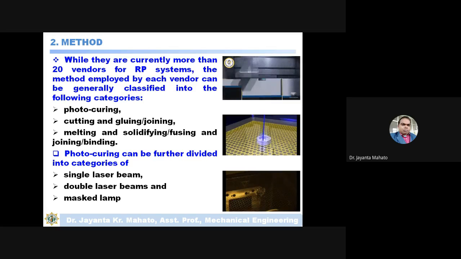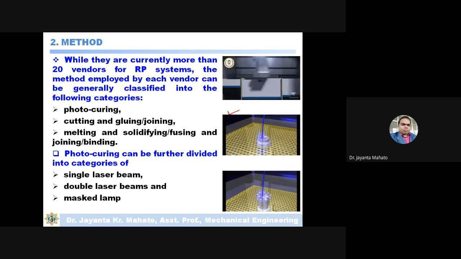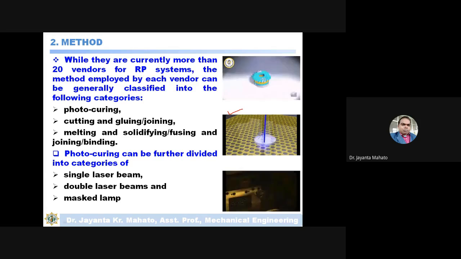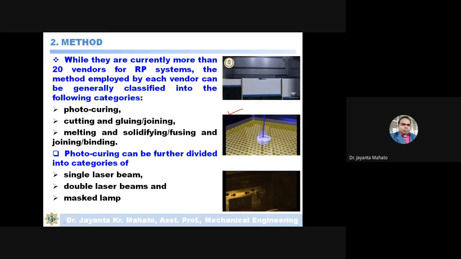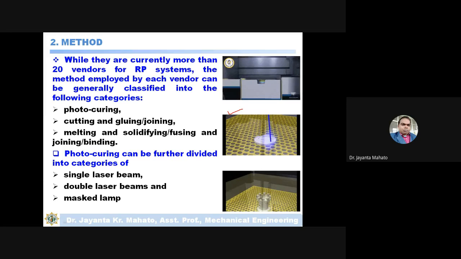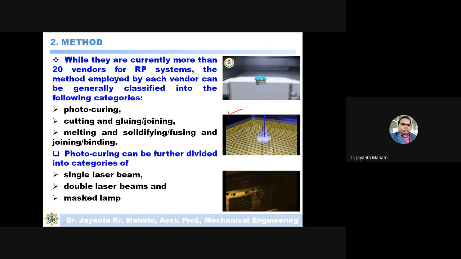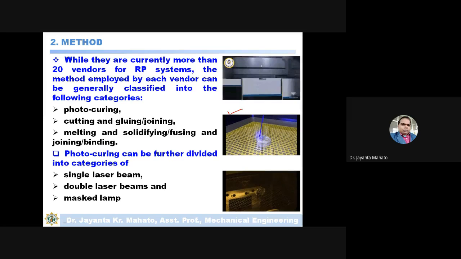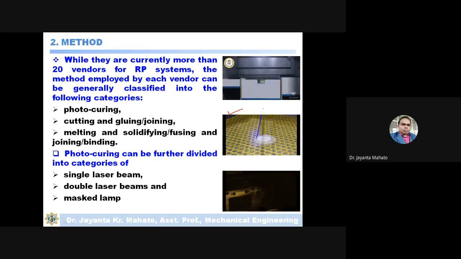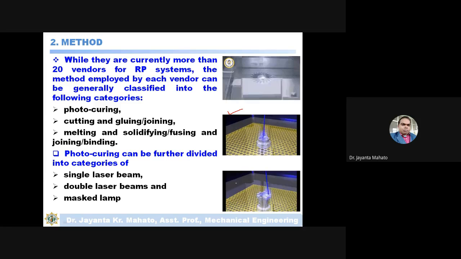These are the single laser beams, used for manufacturing in the photo curing process. And just see here, with the double laser beam, two laser beams are used simultaneously.